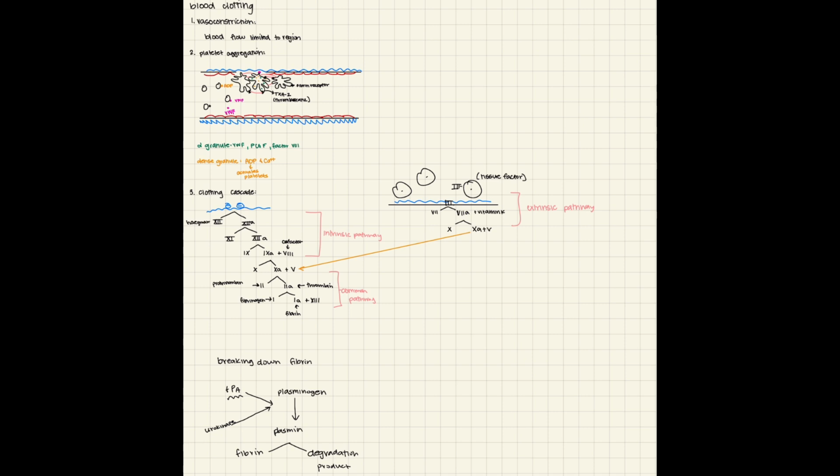But we use a PT test, which tests if you're using a drug like Coumadin, which blocks the extrinsic pathway, it blocks factor 7 from working. We can test that and see if we're blocking enough, if we need to be upping the dose or lowering the dose. But if we mix things up, then obviously it's not going to work very well.